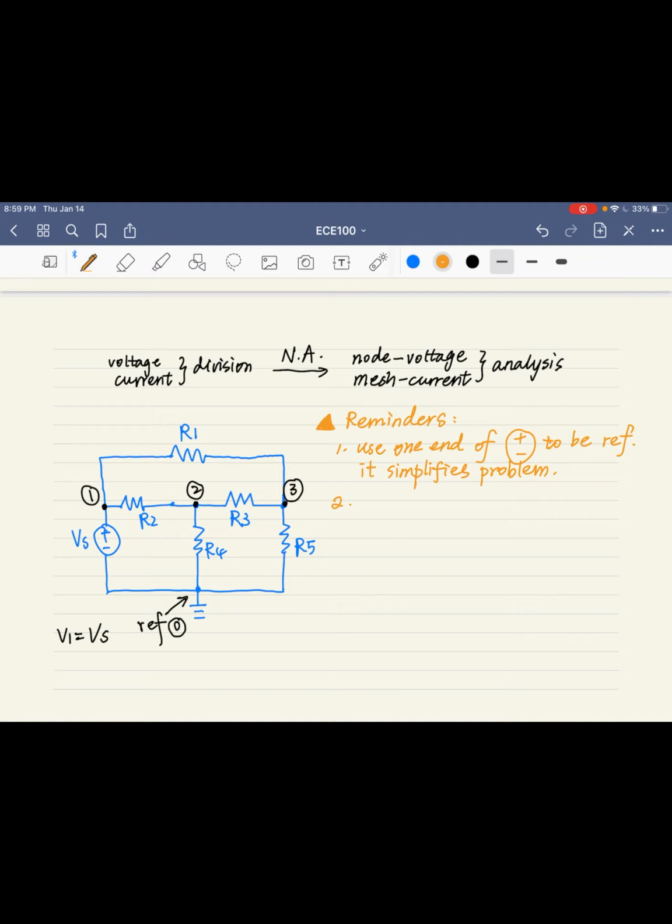The second thing is that you guys may be confused that we used to say that a voltage has its positive and negative polarities, but why do we have the voltage at one node instead of across two nodes, right? So the fact is that the reference node acts as the negative reference polarity for all the voltages.